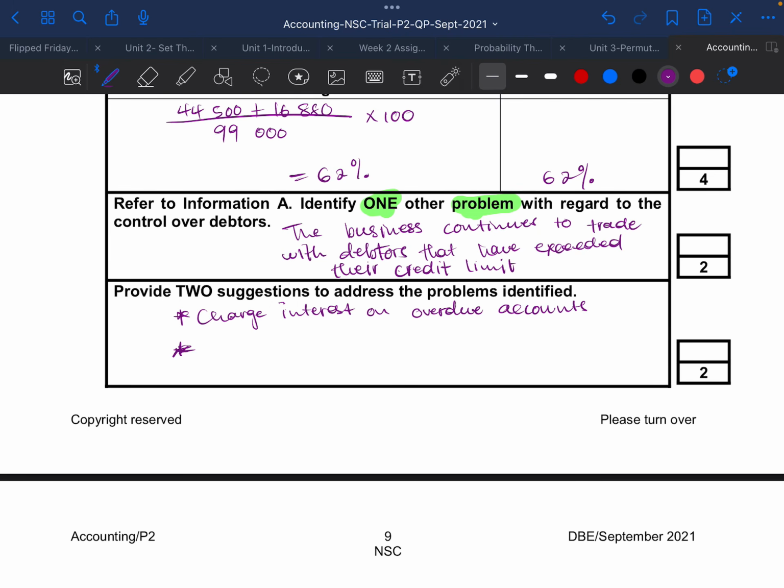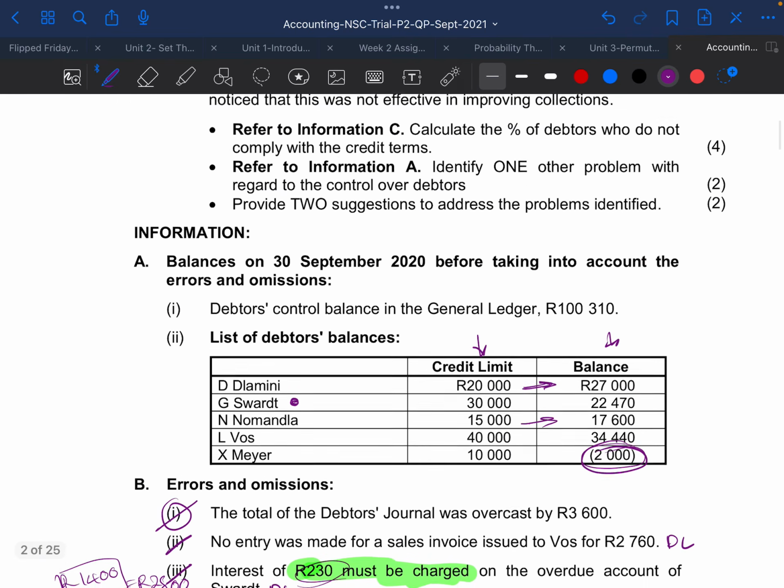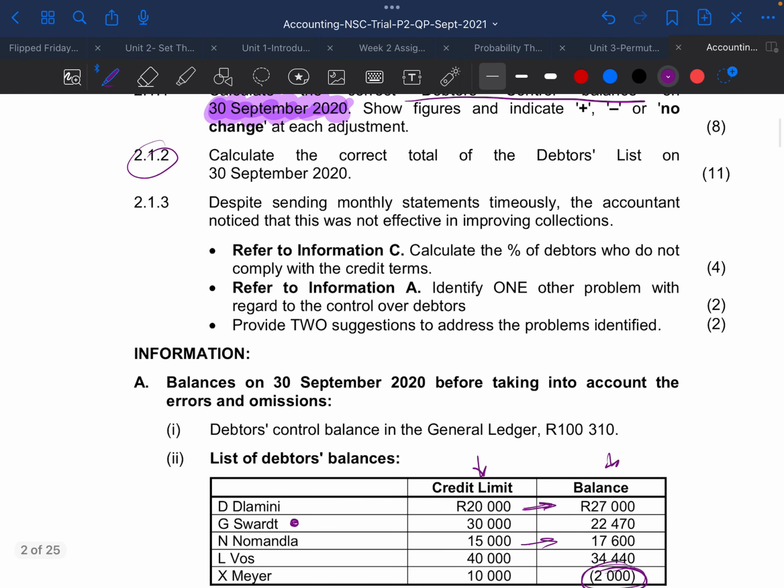Okay, and then the second one, I think the question was talking about, despite sending monthly statements timeously, the accountant noticed that this was not effective in improving collections. Okay, so we already have done this one. And then it says refer to information A, identify one other problem. I think we've done this one also.